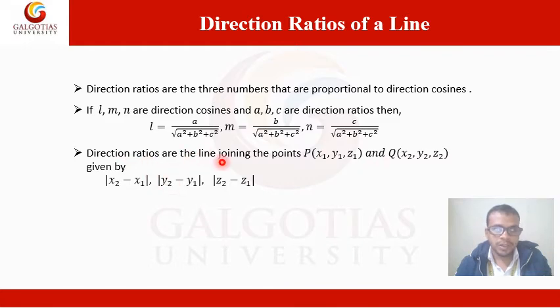For the line joining the points P and Q whose coordinates are x1, y1, z1 and x2, y2, z2 respectively, the direction ratios are given by the modulus of x2 minus x1, the modulus of y2 minus y1 and the modulus of z2 minus z1.